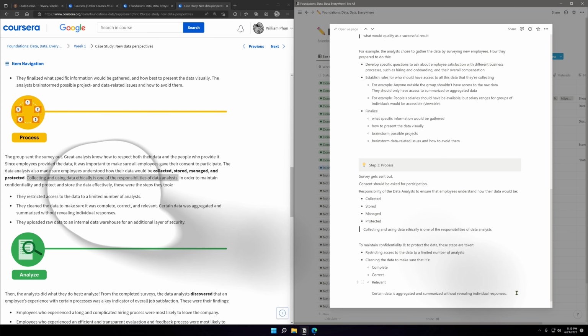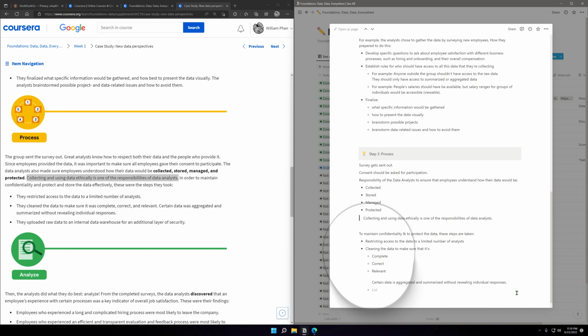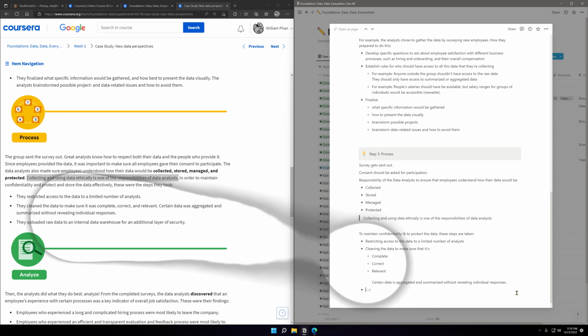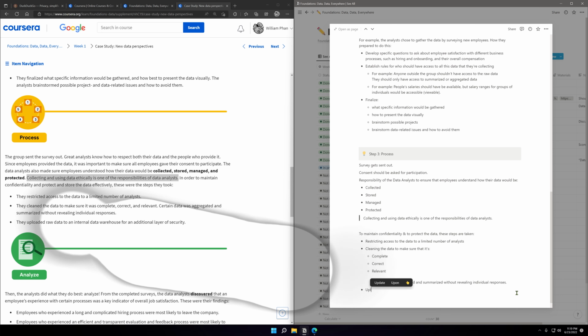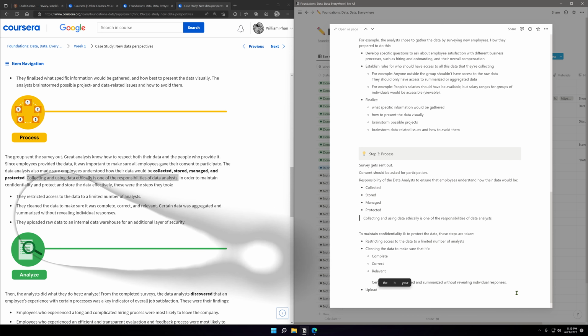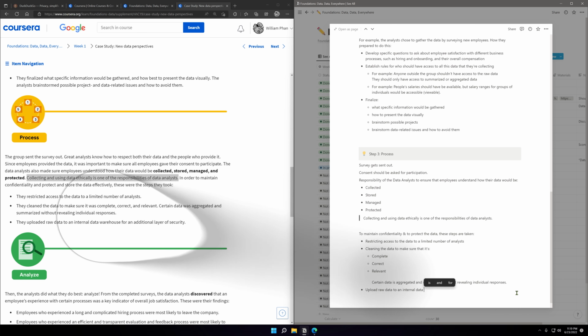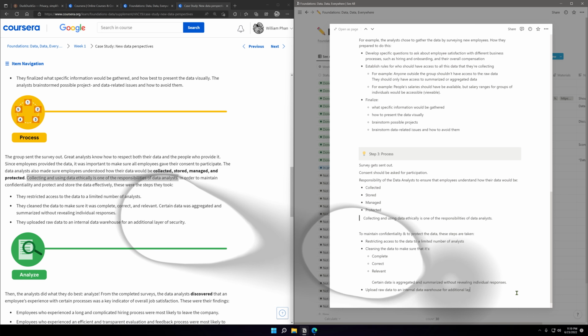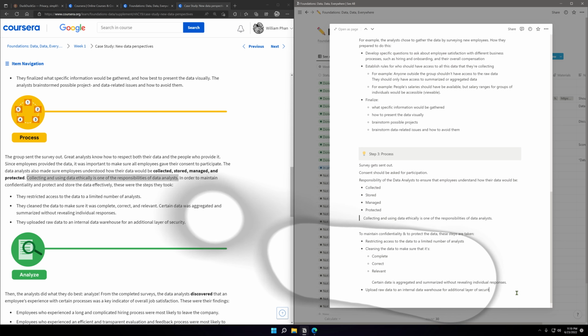Upload raw data to an internal data warehouse, which adds a layer of security.